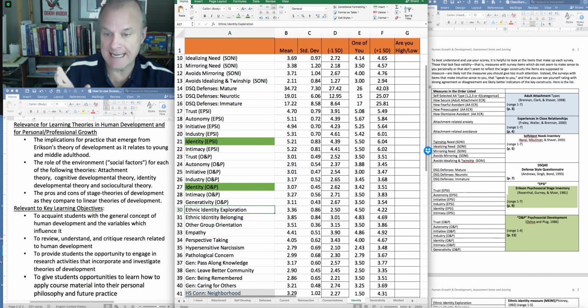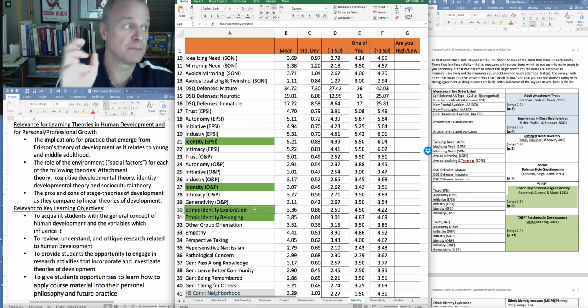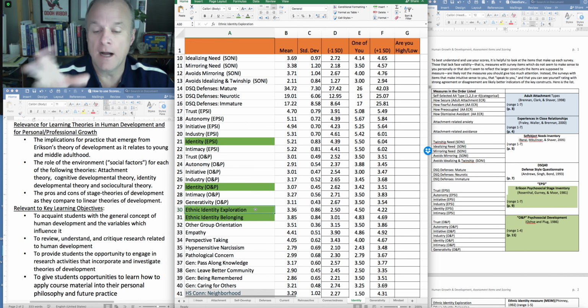Then we have ethnic identity, the degree to which one engages in exploration, or has explored the meaning of ethnicity for their life, and then how much they engage in ethnic behaviors. This person is high.